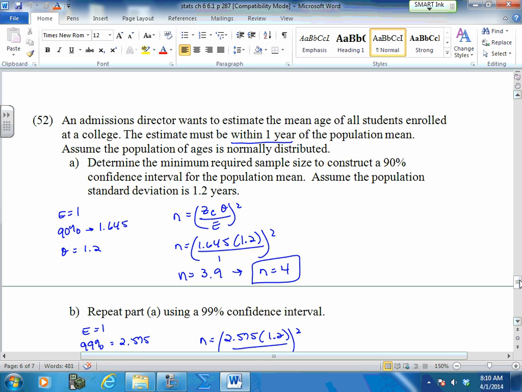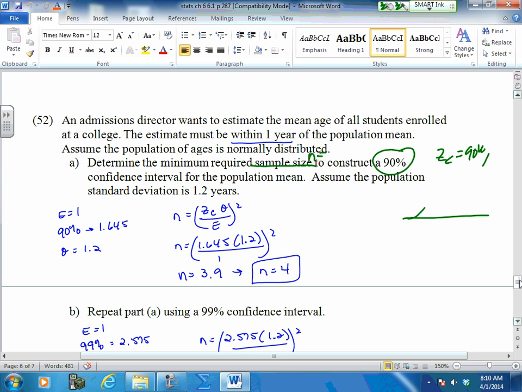Okay, this guy gave us a whole thing. They want to estimate the age within 1 year. There's your margin of error right there. You want to determine the sample size. This is your n equals. A 90%, you need to find the zc for 90%.